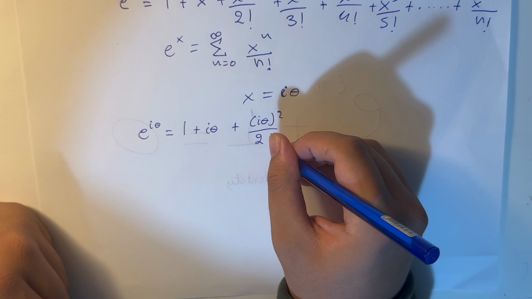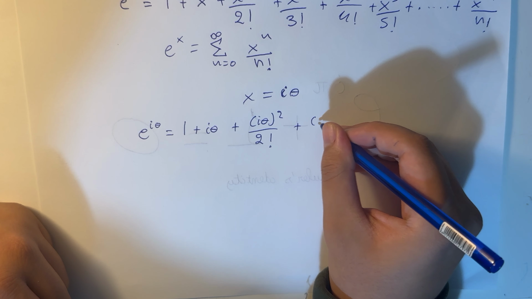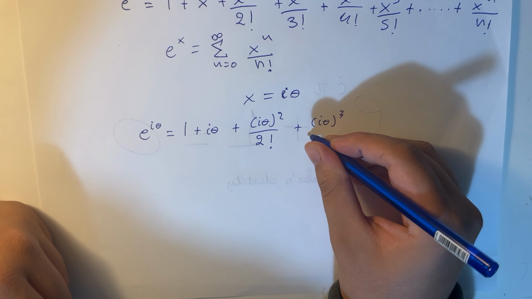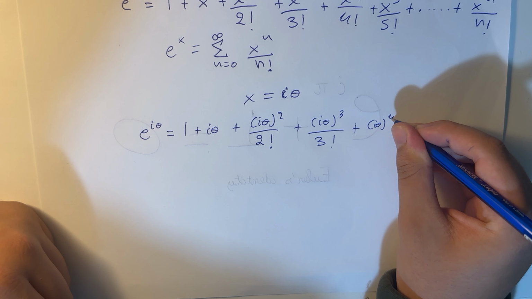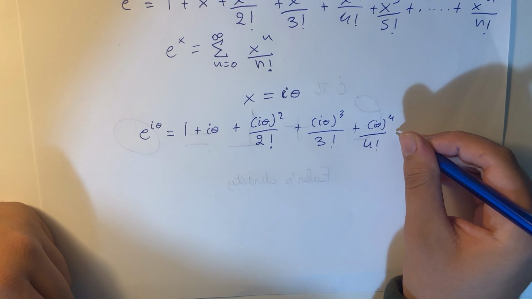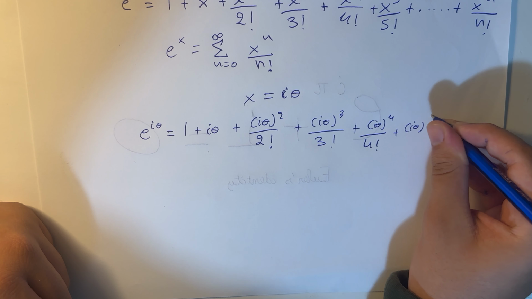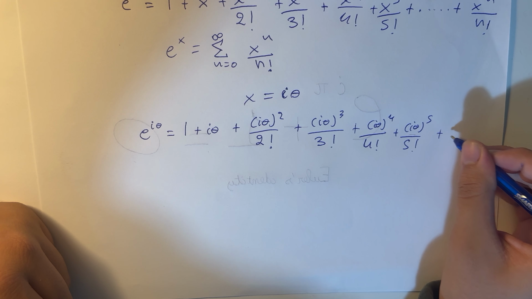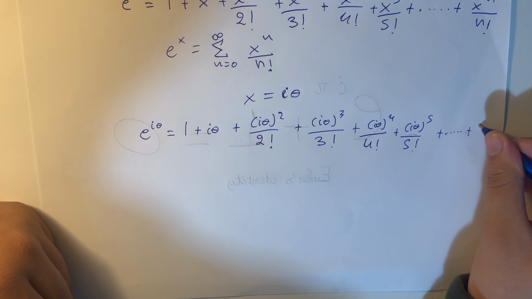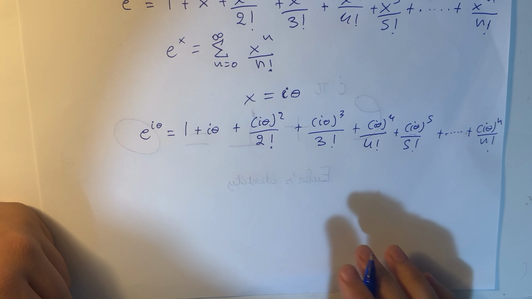So wherever I see x, I just replace that with i theta, plus i theta cubed over 3 factorial plus i theta to the 4th over 4 factorial plus i theta to the 5th over 5 factorial. And we get a general term of i theta to the nth power over n factorial.